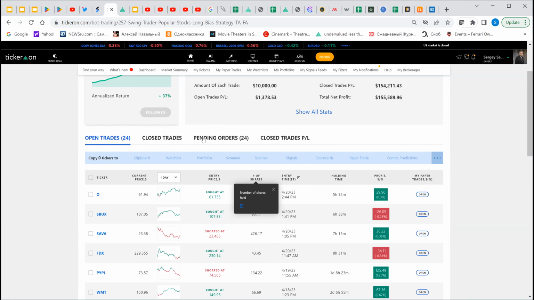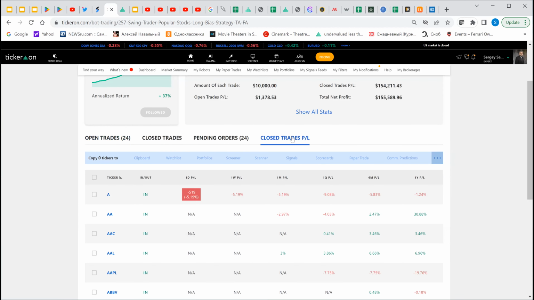Pending means the machine is thinking of opening 24 trades. This is the closed P&Ls, which is a summary of how well the machine was trading the different equities, okay?